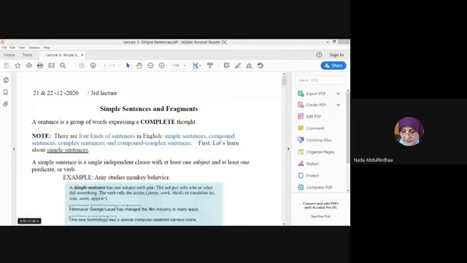And also it is mentioned single independent clause.